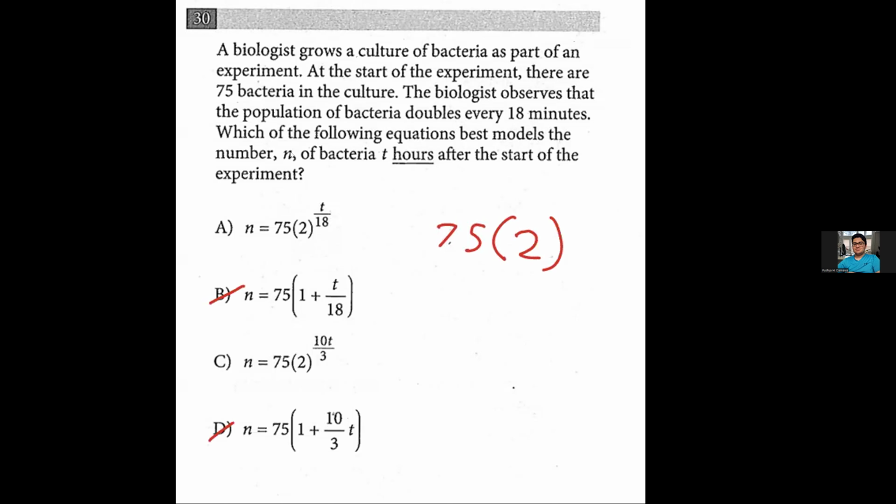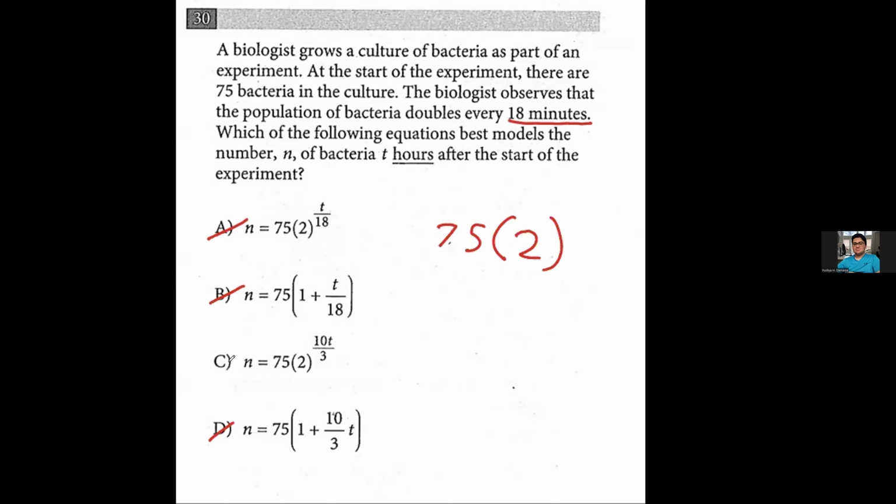And then every 18 minutes. We're asked to find this in hours, but we're given the time in minutes. So having t over 18 would not be correct because we're asked for the answer in terms of hours. If we were asked in terms of minutes, the answer would be A, but it's not, because we're asked in terms of hours.